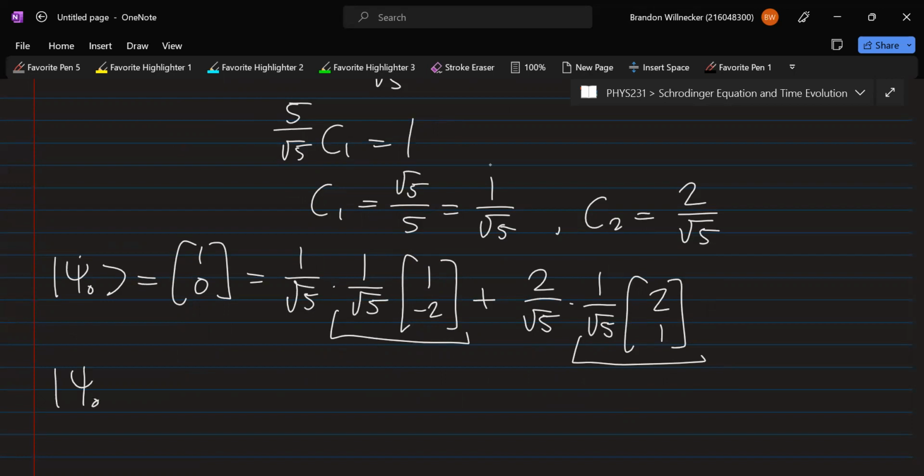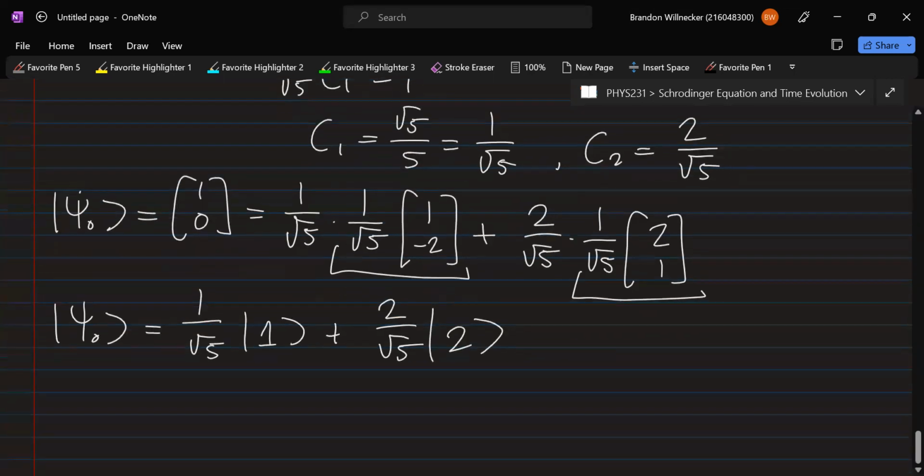So psi naught is equal to 1 over root 5 |1> plus 2 over root 5 |2>. So instead of writing it as column vectors, I'm writing it in that Dirac notation or bracket notation. We'll see that this makes it a bit easier to work with.